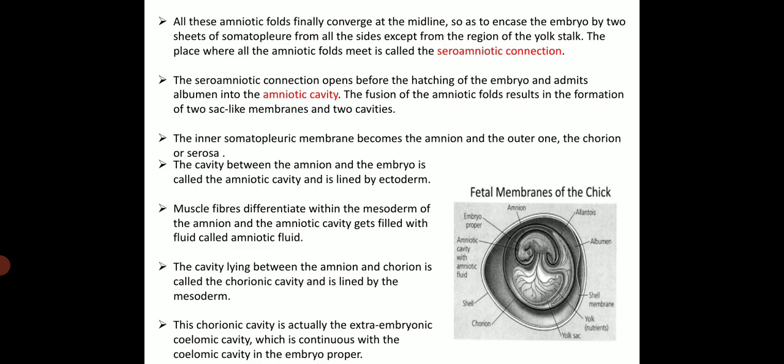Later there will be a fluid, the amniotic fluid, and two cavities will be formed: the inner one is the amnion and the outer one is the serosa, or the chorion. These are the developments you find during the amnion and the chorion formation.